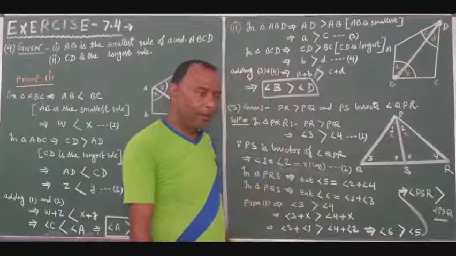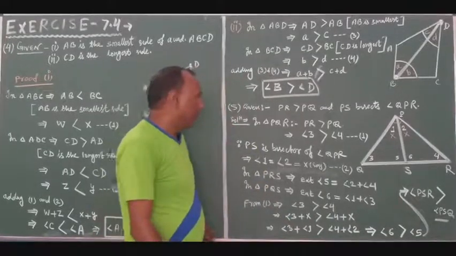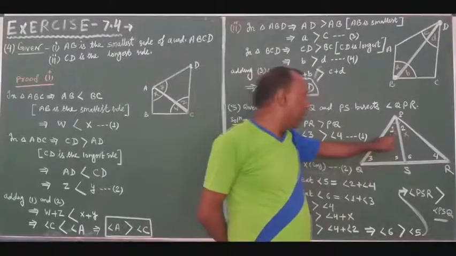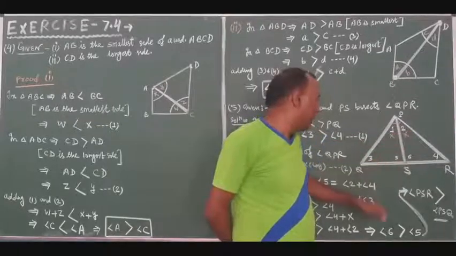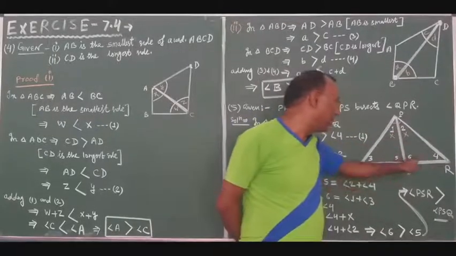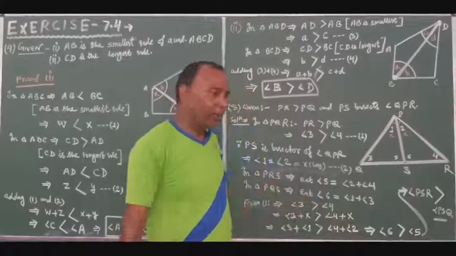It is given. Now, we are naming the angles. Suppose this is angle 1, this is 2, this is 3, this is 4, this is 5, this is 6.